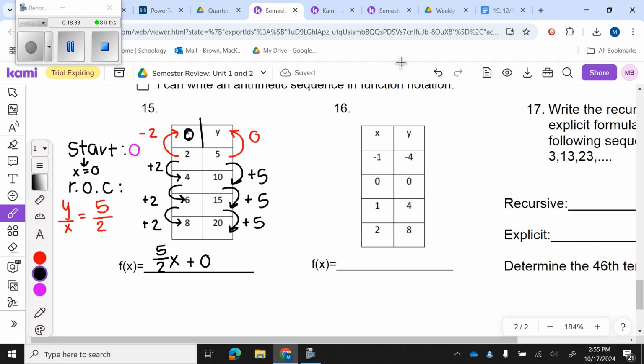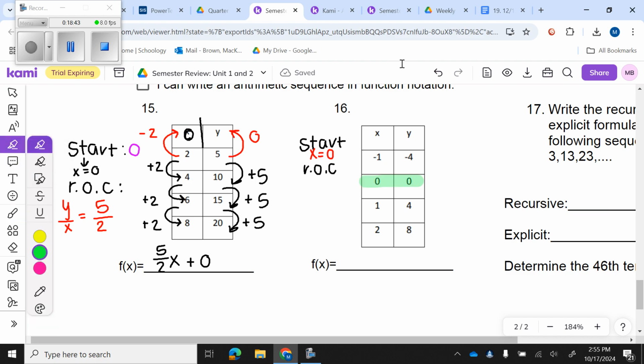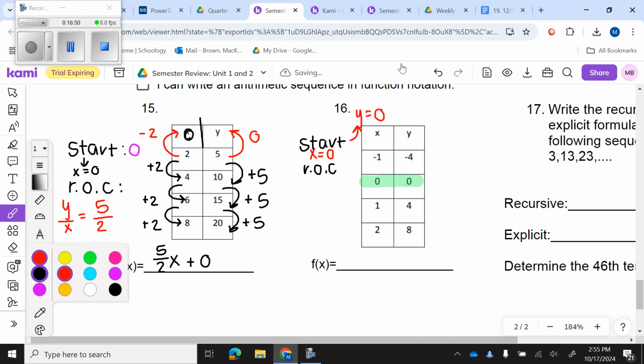All right, on 16, again, we need a start and we need a rate of change. Okay, my start is when x equals 0. Well, you got lucky because they gave it to you, and you have 0, and your y is 0. So my start's going to be 0. I need to go in and find my rate of change. Well, to get from here to here, I'm going to add 4, add 4, add 4.